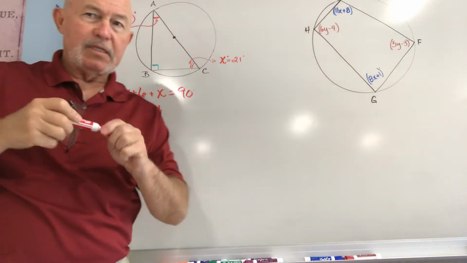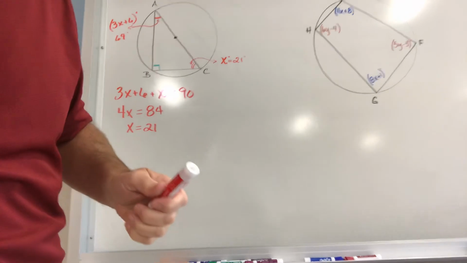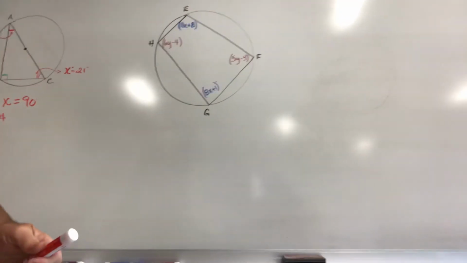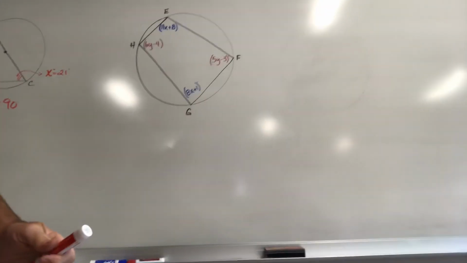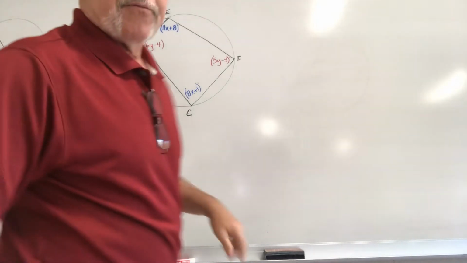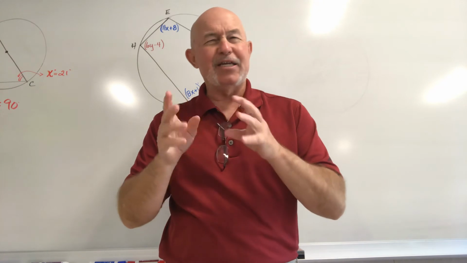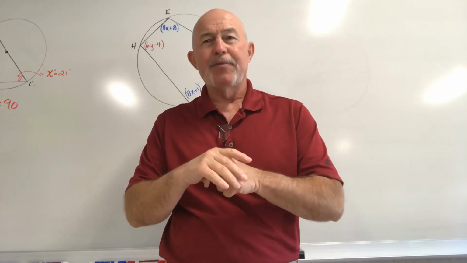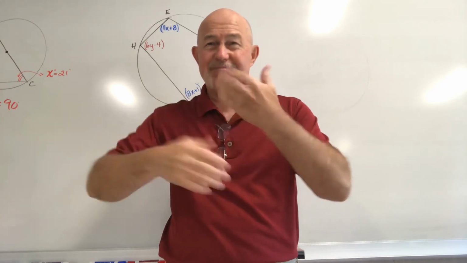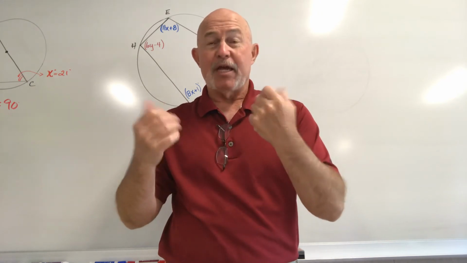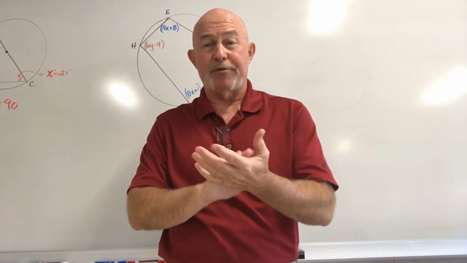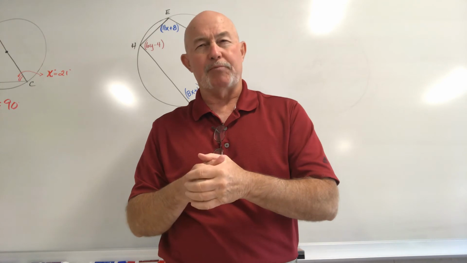Not incredibly difficult. Once again, as I have said over and over this year, the math part of this is not difficult. Getting used to the setup of a problem can take a little getting used to. But even then, once you know your rules and you're comfortable with them, even that starts to become simple.